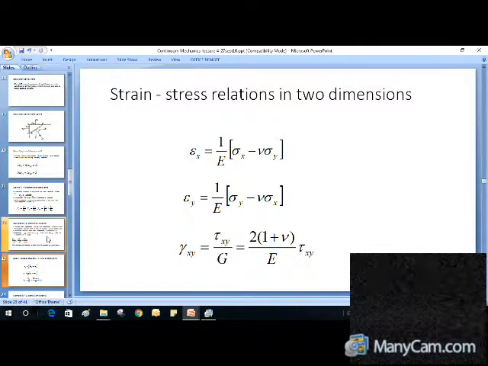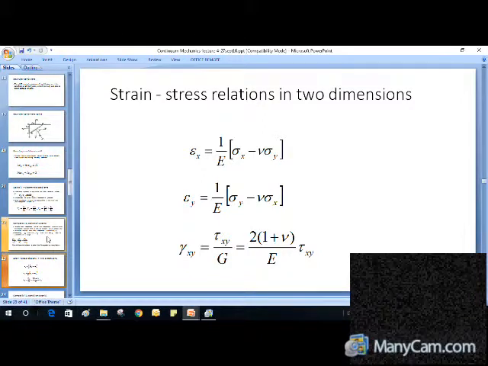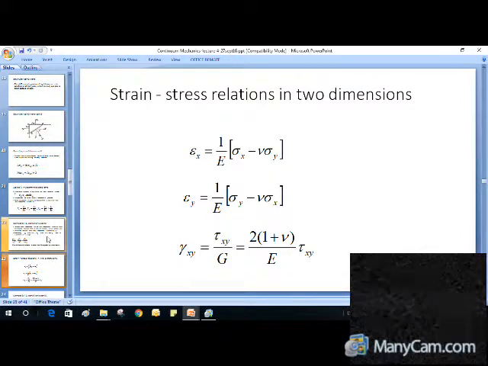Okay. Now we say that having obtained the compatibility condition, we now try to express that in terms of stresses, because our objective is to determine the stresses. So we have got from Hooke's law the relationship between strain and stress, simple relationship which we have derived from Hooke's law.